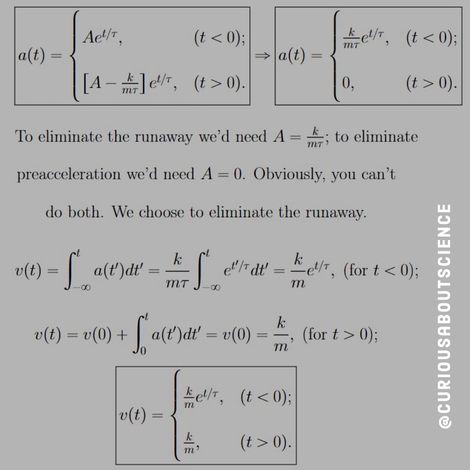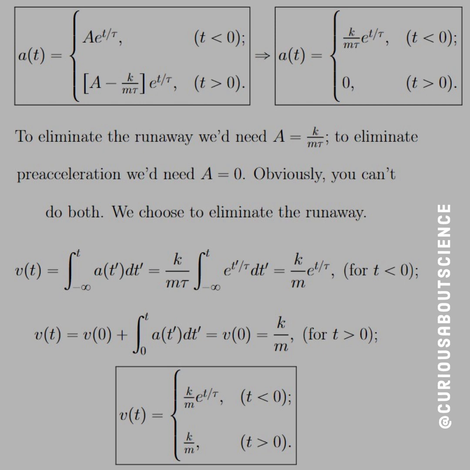Okay, so here k over m tau is a constant, move it through, and then we're just left with e to the t prime over tau. Again, a pretty easy integral in my opinion. And we're left with k over m e to the t divided by tau, since that factor of 1 over tau cancels with the tau from the integration. Again, for t less than 0.